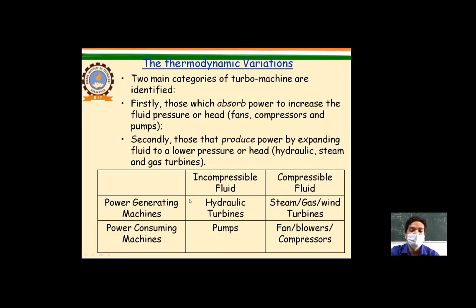Now, if we talk about the compressible fluid, it means the density of the fluid will change with time. If that device is producing power, then that type of machine is known as a power generating device. Examples of power generating machines are steam, gas, as well as wind turbine.